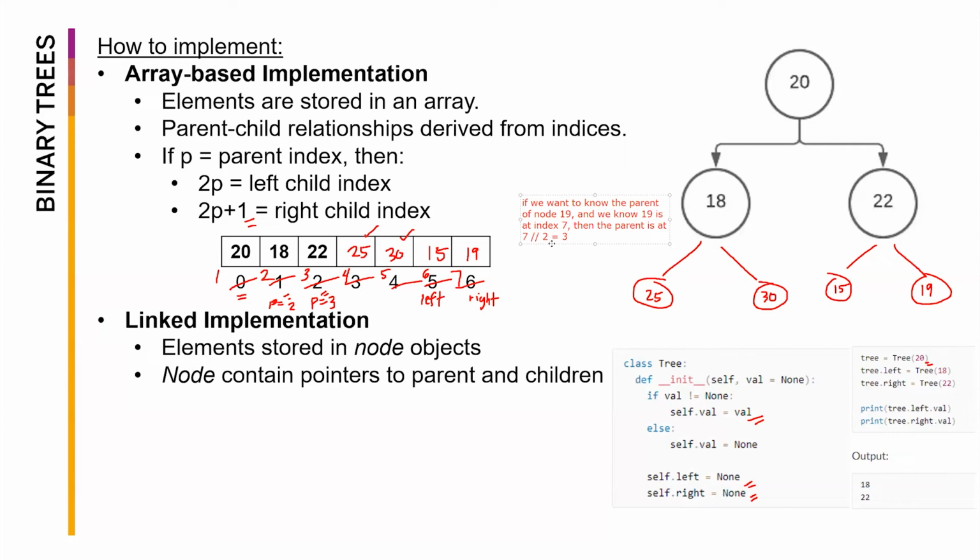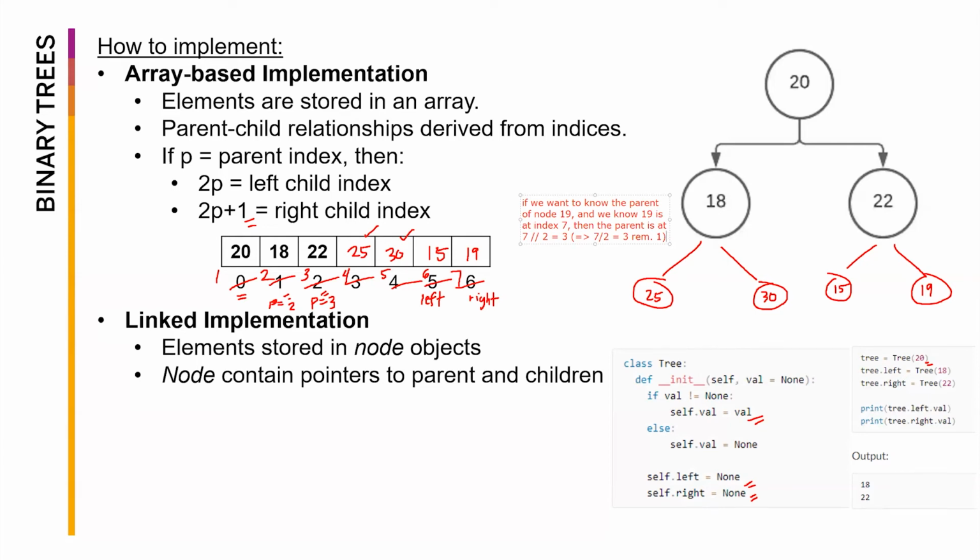Why? Just to remind you with integer division, 7 divided by 2 is equal to 3 remainder 1. And integer division drops the remainder.